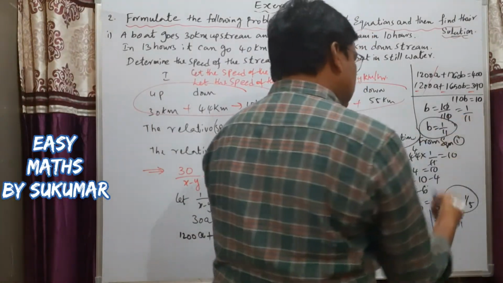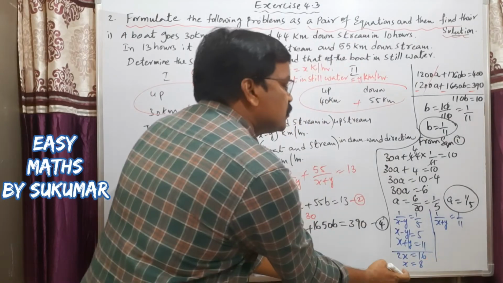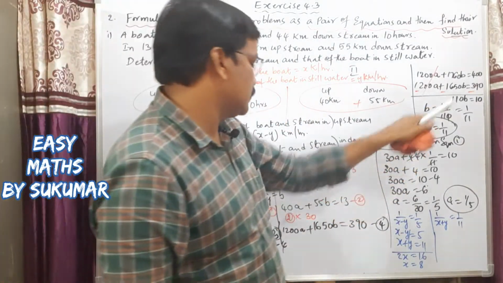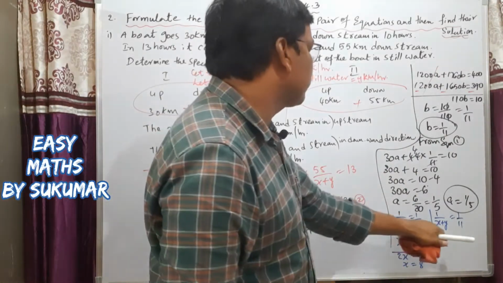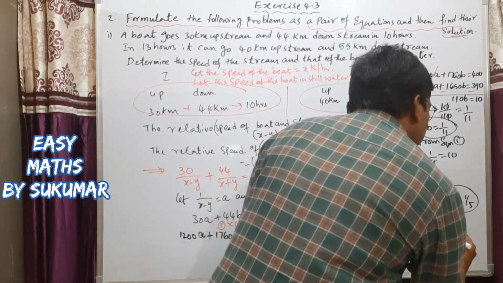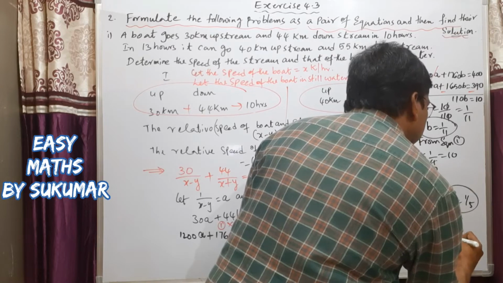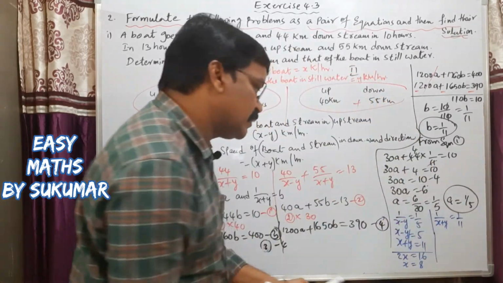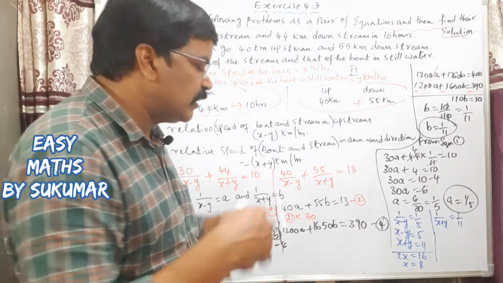Let us substitute x is equal to 8 in any one of the equations. Here x plus y is equal to 11 or x minus y is equal to 5. Anywhere you can substitute.